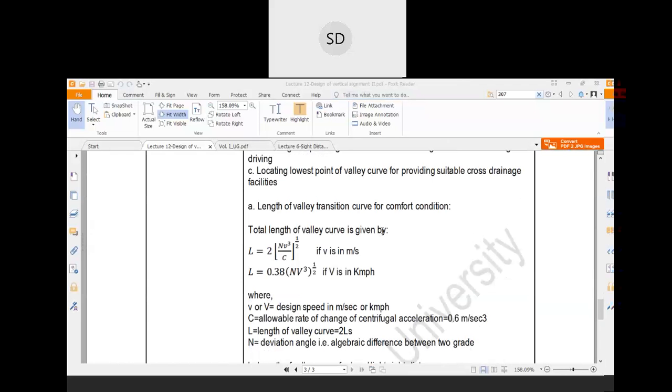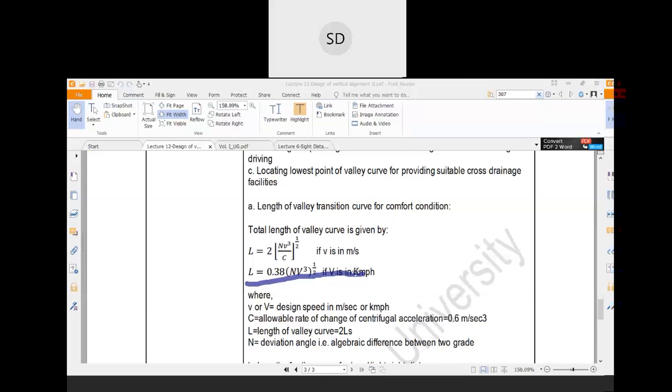As comfort condition is the main concern for the valley curve, sight distance is not considered in the valley curve, because in the valley curve adequate sight distance is always present. So your valley curve is designed based on the comfort condition, and the length is given by this formula: L equals 0.38 n V cube root, where V is in kilometers per hour.